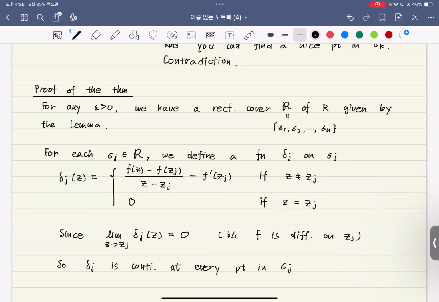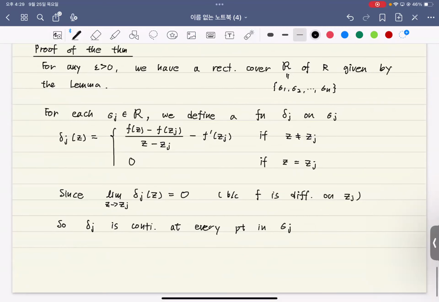Okay, great. And on top of that, also the magnitude of delta j of z is always less than epsilon. Why?